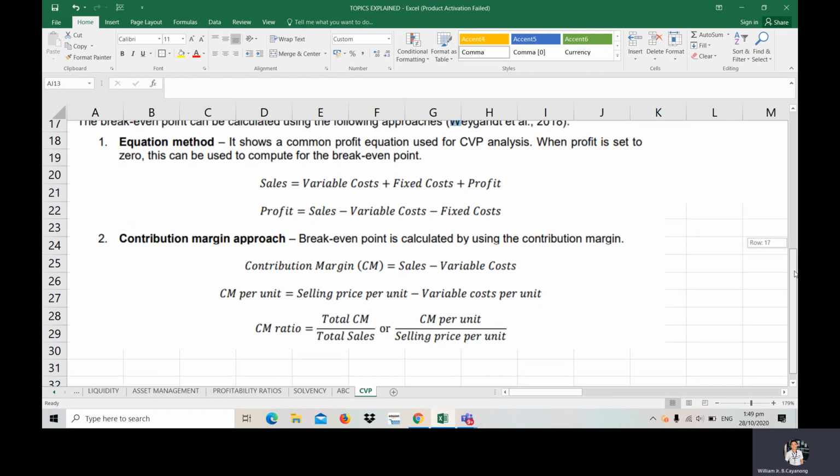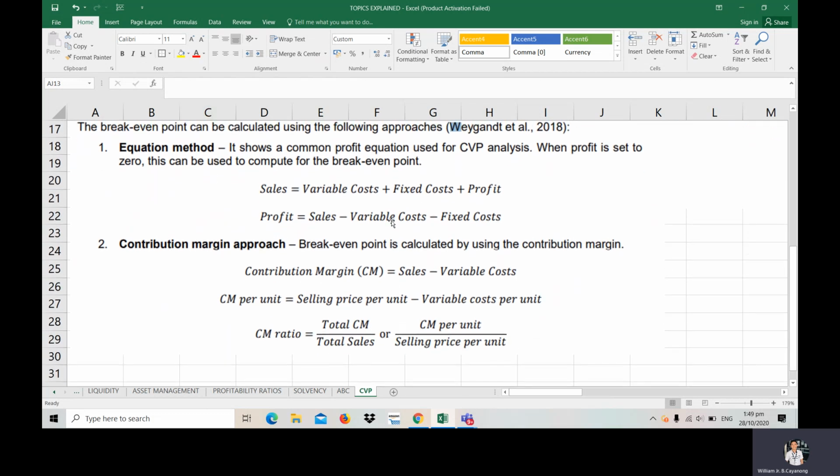How about if you are going to try another approach? This is called the contribution approach. Break-even point is calculated by using the contribution margin. We all know that para makuha natin yung contribution margin, we need to deduct the variable cost from the sales. If we are going to get the contribution margin per unit, need natin yung selling price per unit at saka variable cost per unit.